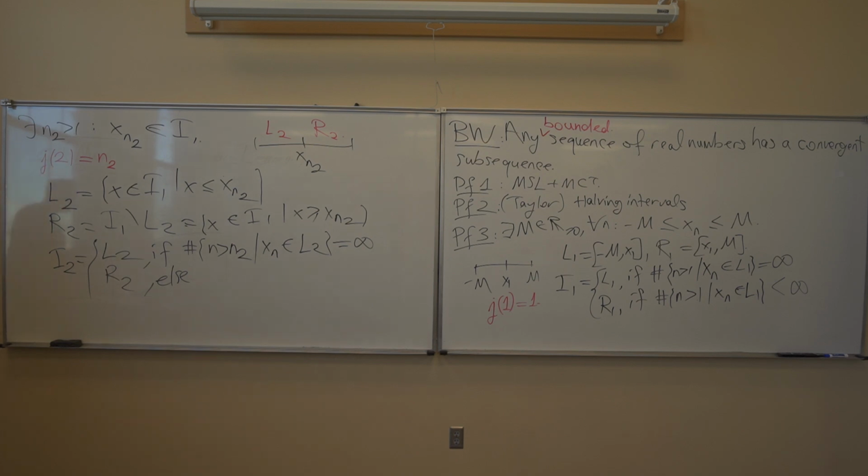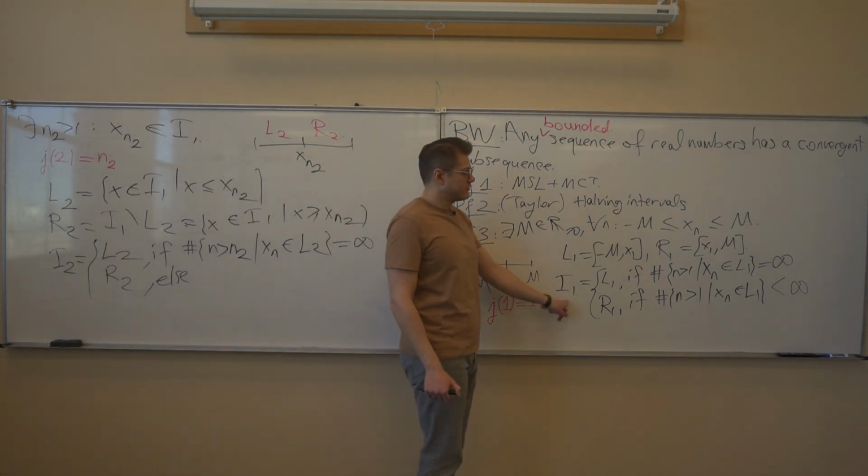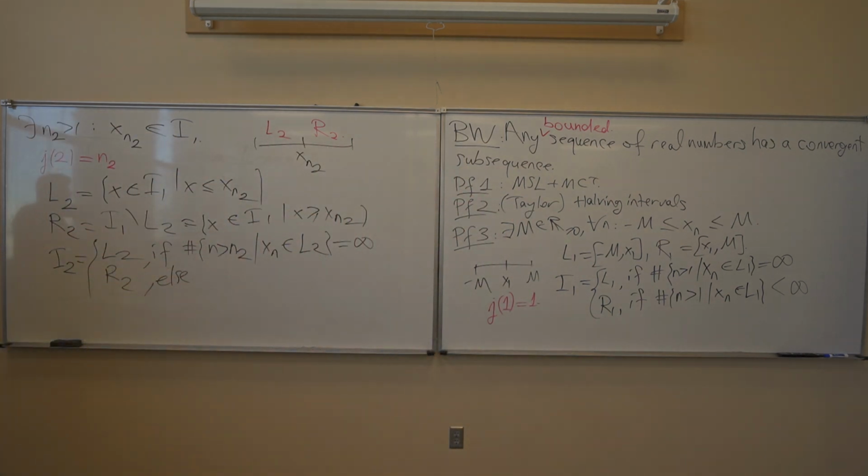Would this be considered a proof by induction? Exactly. Yes, I'm setting up the induction. Now, if you want to be proper, you should say: if I chose the nth interval, here's how I choose the (n+1)th interval. But in practice, typically people don't write it that way. Typically you just tell how to choose the first one, and then the second one, and then you say, by induction, that's how you do this.